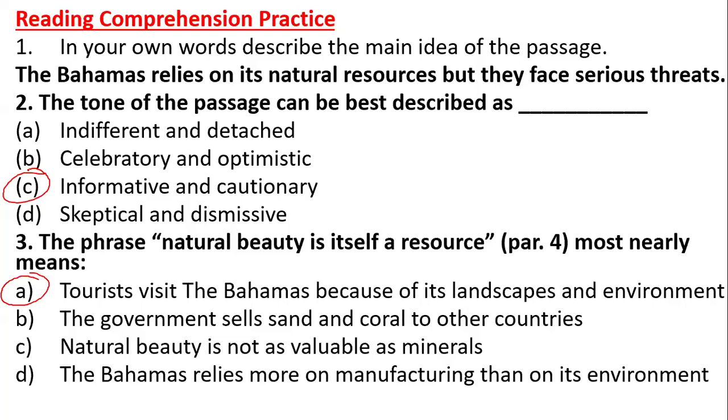And so the beauty of the island is a resource because it can be used as a tool to make economic gain. And that's why it must be preserved, kept in a good situation. We must steward it well, because if you don't, how could you benefit from something you are not keeping in good condition? If the islands are old and raggedy, you think people are going to come here?